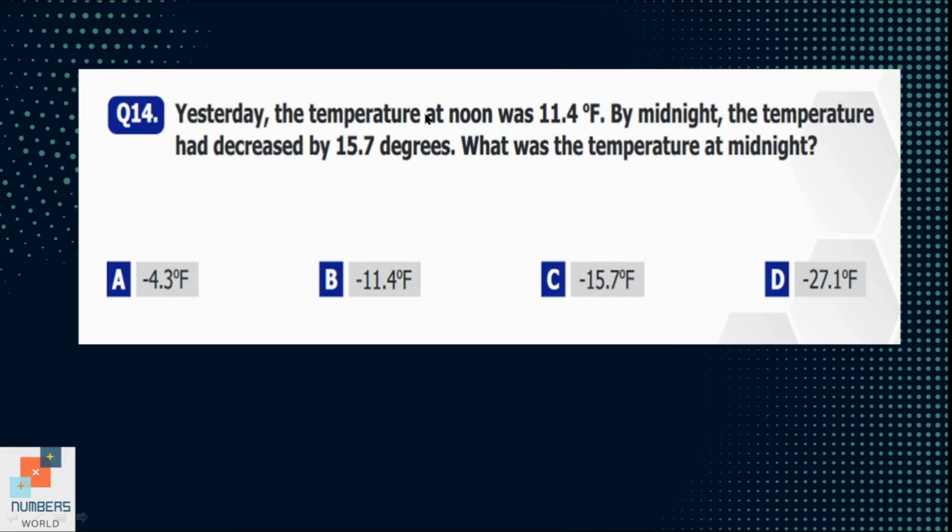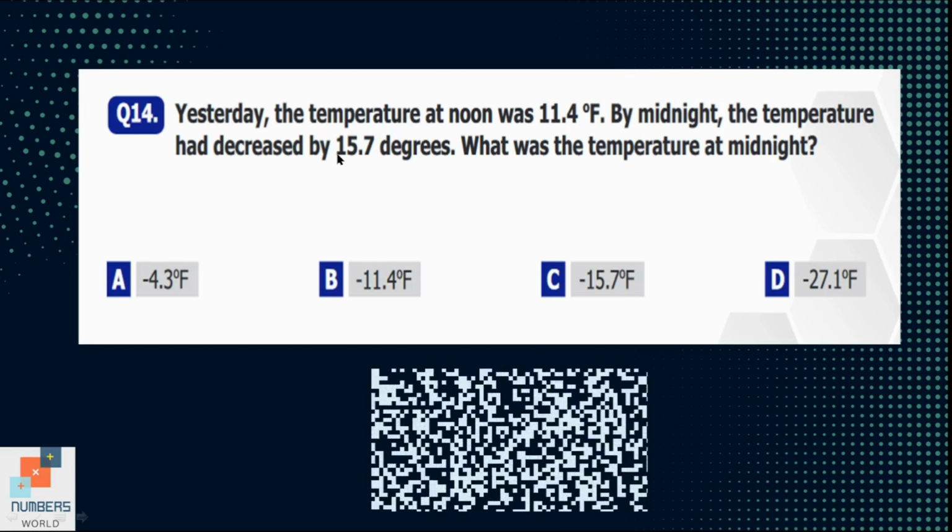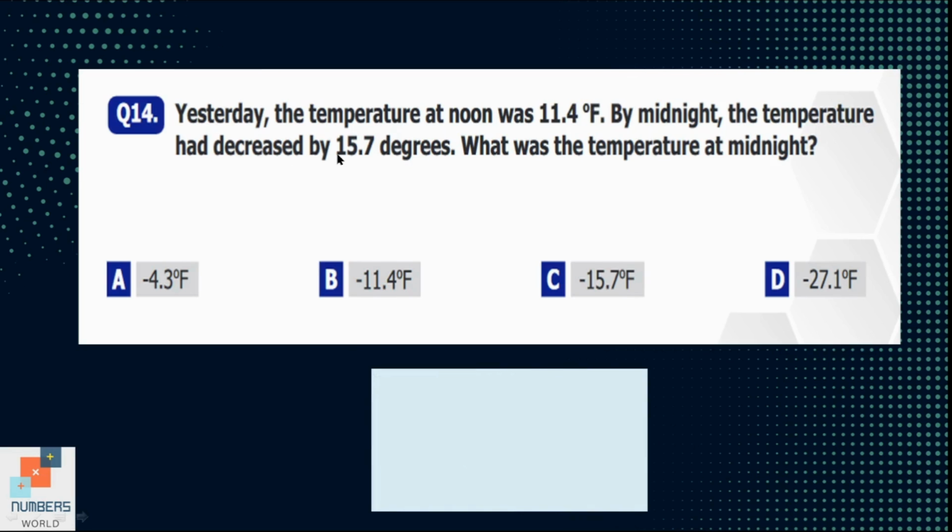Question number 14. Yesterday, the temperature at noon was 11.4 degrees Fahrenheit. By midnight, the temperature had decreased by 15.7 degrees. What was the temperature at midnight? So the temperature at midnight is unknown. After decreasing 15.7 degrees, it was 11.4 degrees Fahrenheit at noon. So we are going to find the difference between the temperatures to find the temperature at midnight.